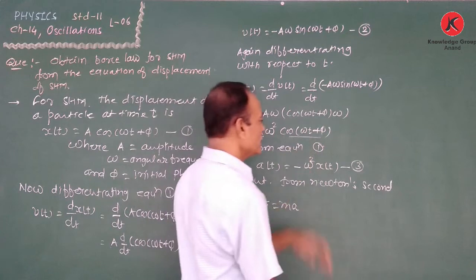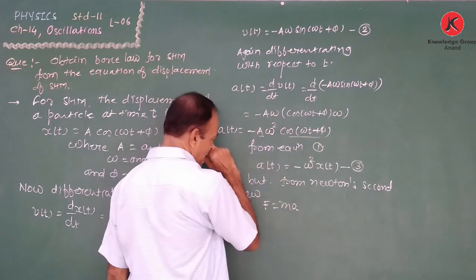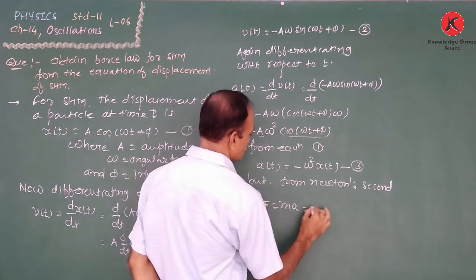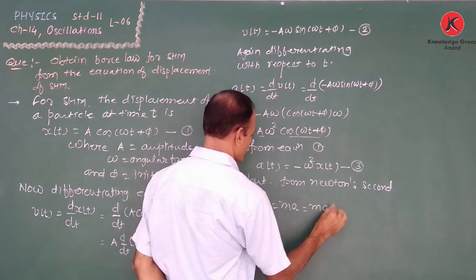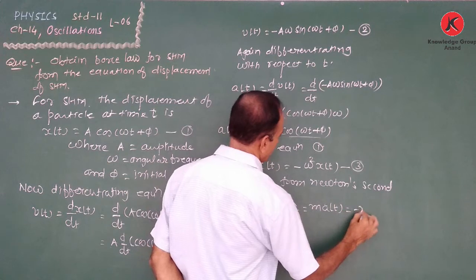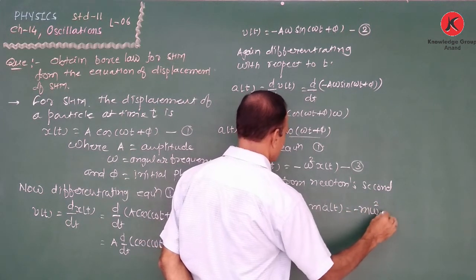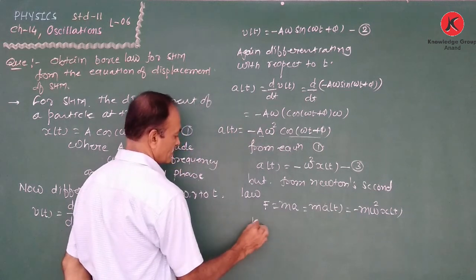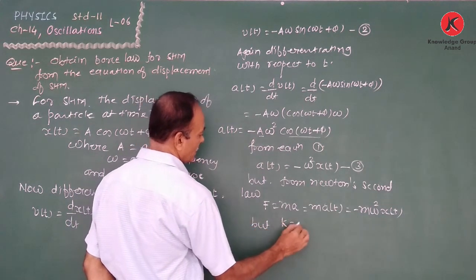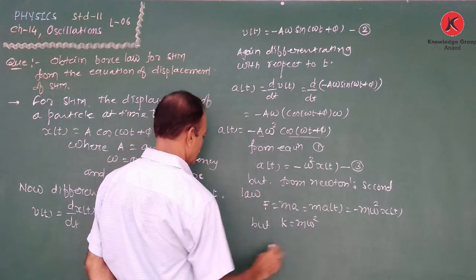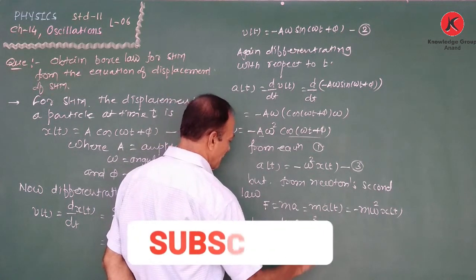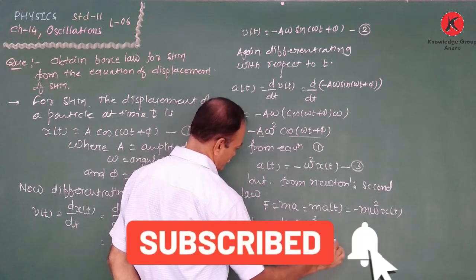Therefore, multiplying equation 3 on both sides by m, we get F equal to m a(t), which is equal to minus m omega square x(t). But k is equal to m omega square. Therefore, F at time t is equal to minus k x(t).